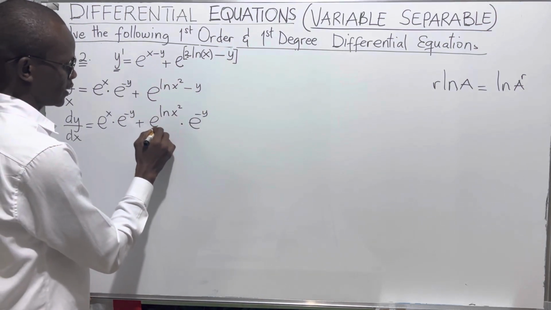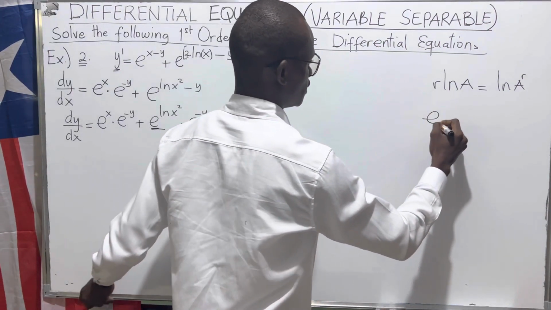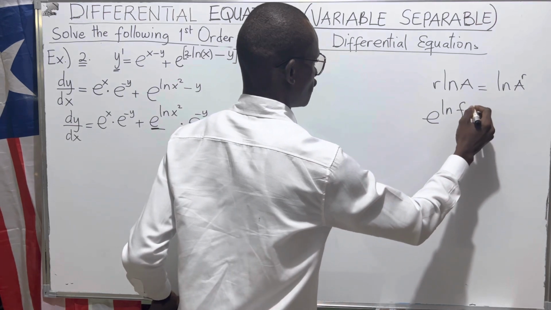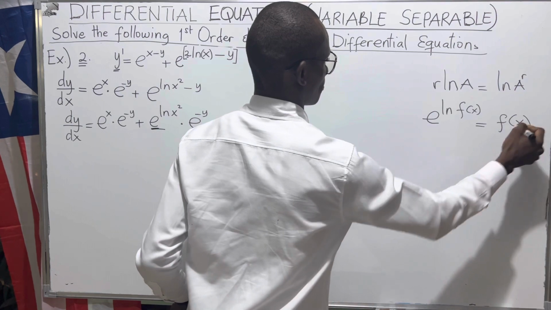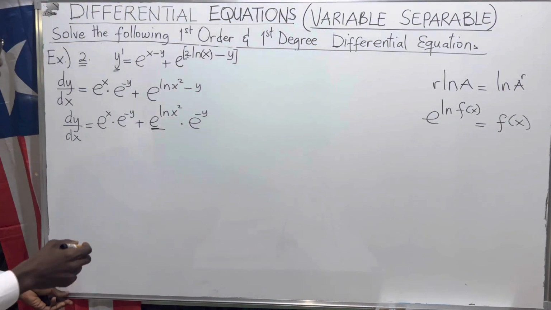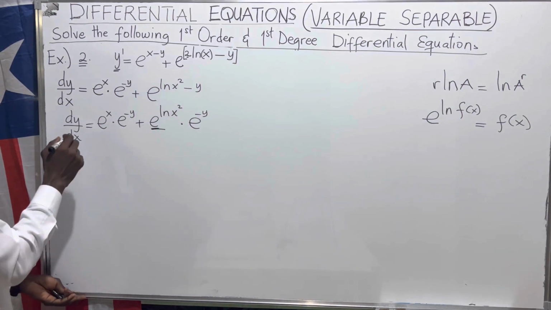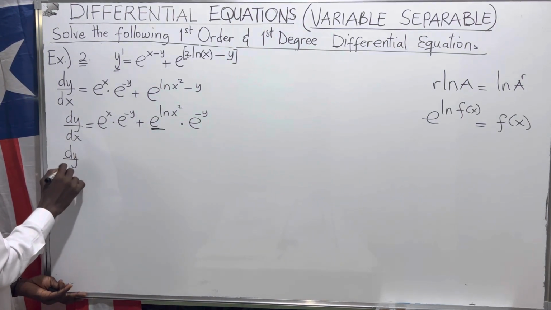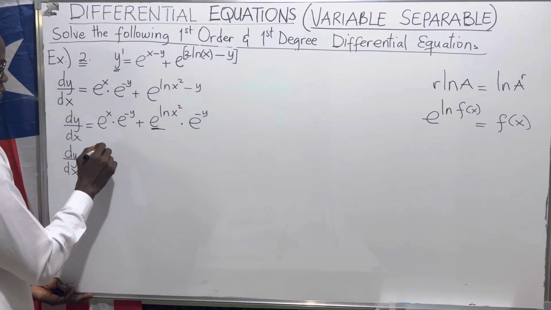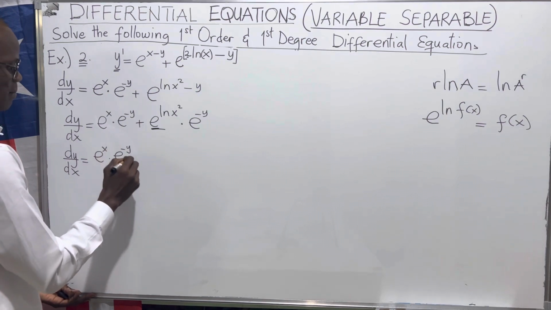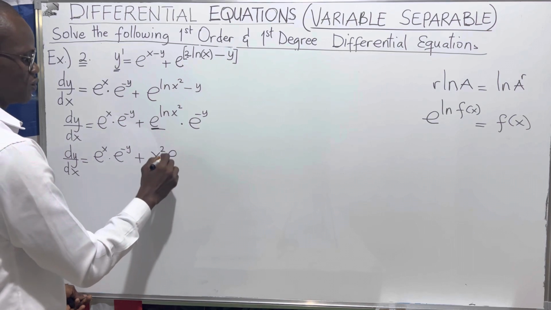Now note that e raised to the ln of a function is just equal to that function. So e raised to the ln of any function is equal to that function. So we can say dy by dx is equal to e raised to the power x times e raised to the power minus y plus x squared e raised to the power minus y.